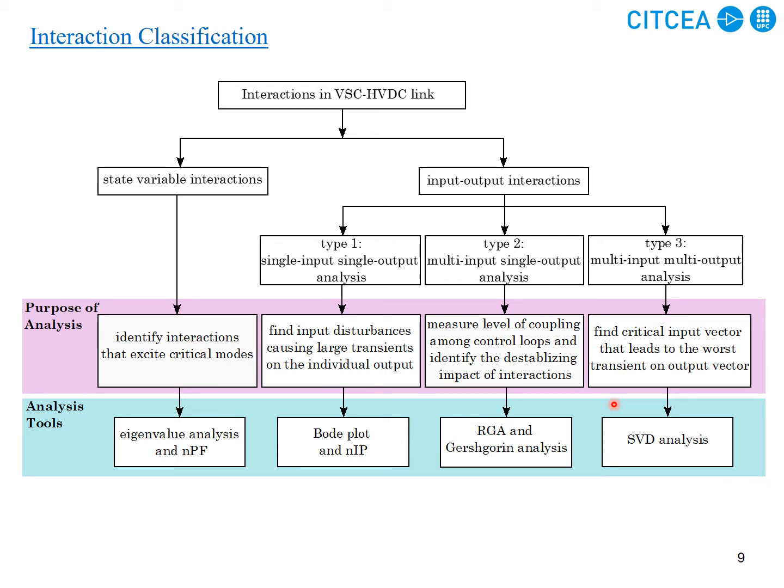For example, if your AC voltage drops by 10%, and your active power has a step of 20% increase, what combination of all these input elements can lead to the worst transient on the output vector, on all of the outputs. It's a vector of outputs. So it is the all-inputs, all-outputs situation.